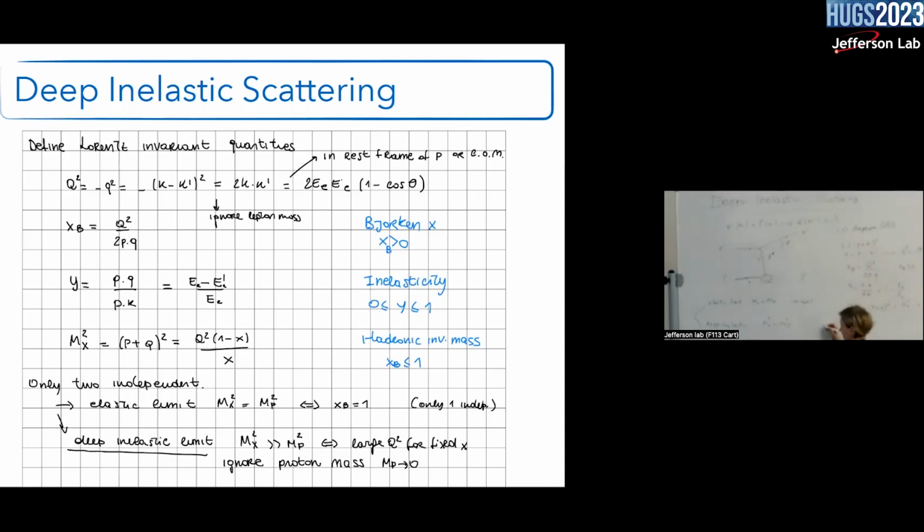Which is basically the limit of large Q squared for a given x_B, okay? It means that really you produce much more stuff than what you have at the beginning. So the virtual photon goes deep into the proton. Okay, so here is just the kinematics.